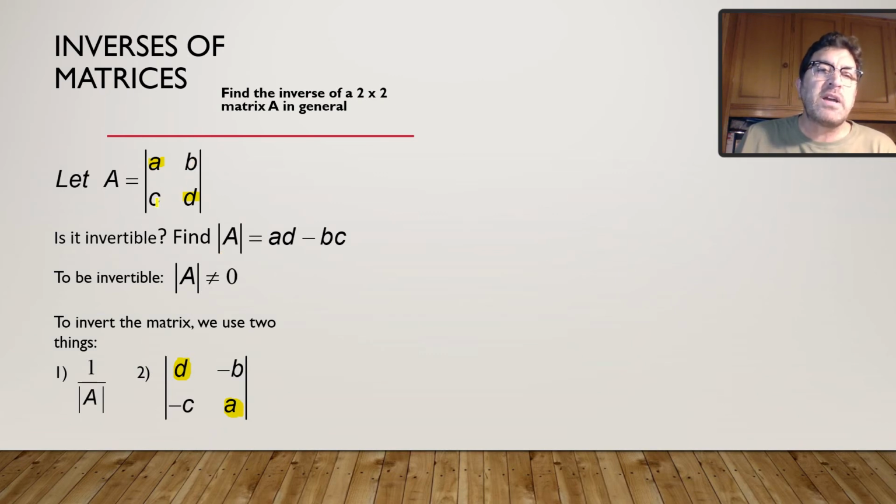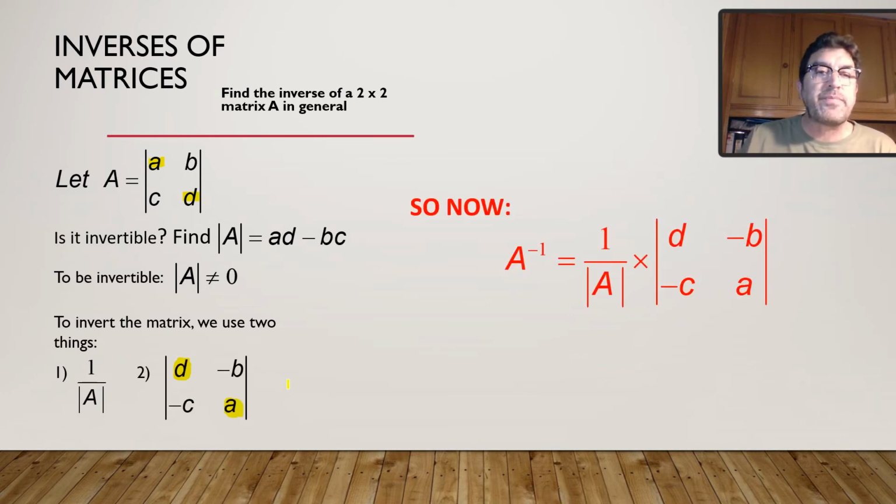These two entries just changed their sign. They still remained in the same place, but they changed their sign. Let's see if that is true for the... No, let's continue. Okay, so after that, we then used our inverse, forming our inverse matrix, we use the product of those two things we calculated.